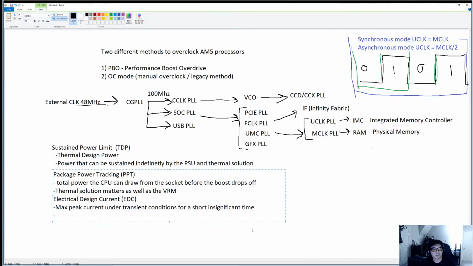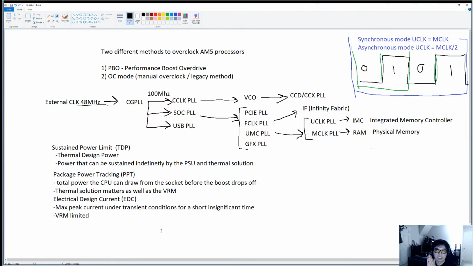So here, the EDC is typically going to be VRM limited. Now, a lot of these high-end motherboards have a robust enough VRM design that if you're doing an extreme overclock, if you're bringing this thing under LN2, EDC actually becomes more relevant than if you're just doing a regular overclock on liquid or even on air.